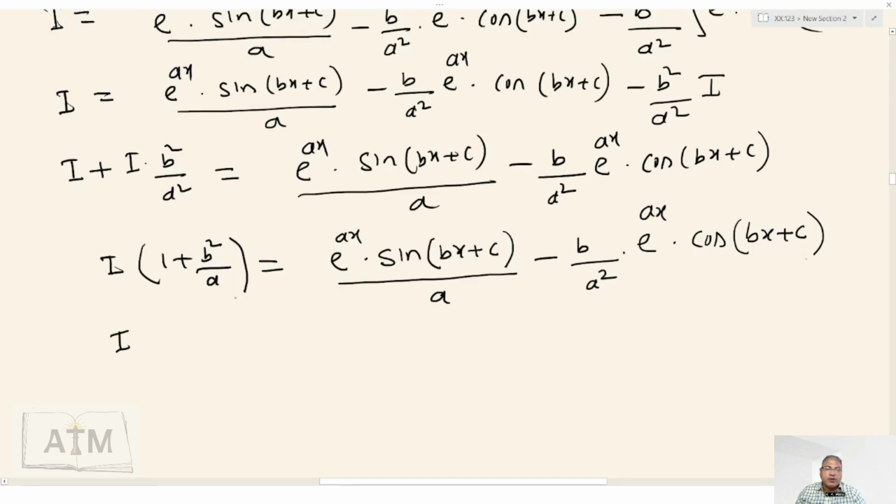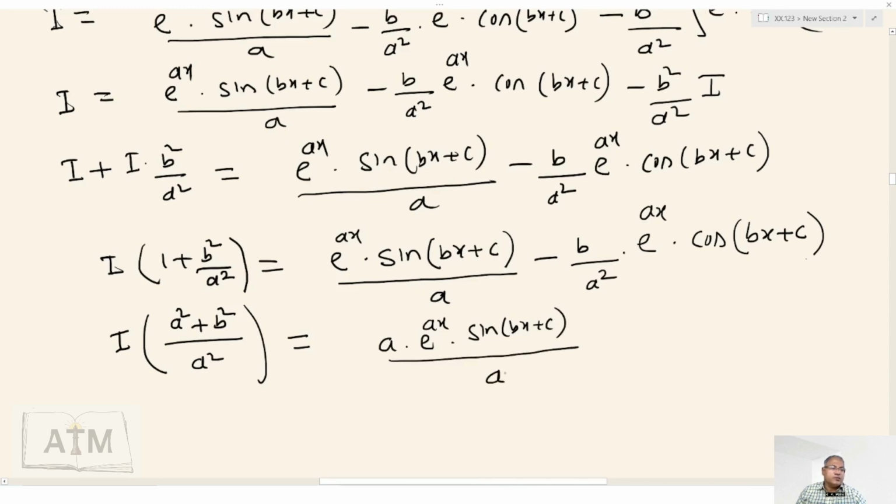Now in LHS part, simplify: (a²+b²)/a² equals a into e^(ax) sin(bx+c)/a² minus, here I have multiplied and divided by a to create the equal denominator, b/a² e^(ax) cos(bx+c).